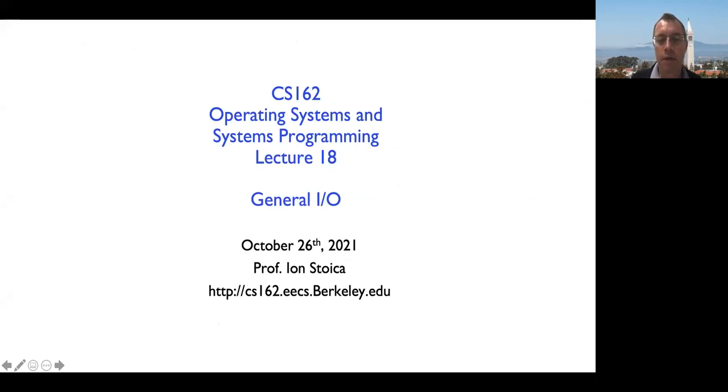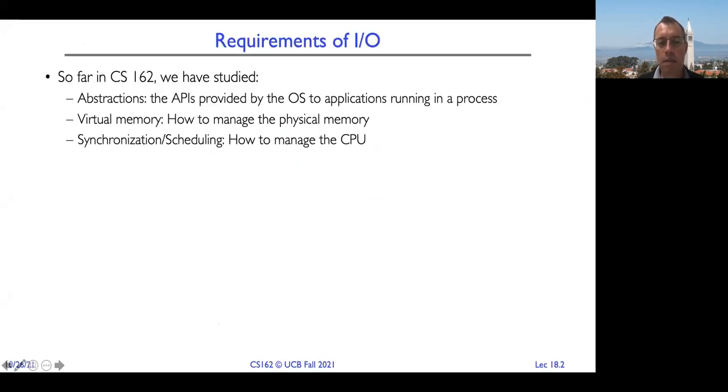So today we are going to talk about general input-output. And just to summarize, so far, we have studied abstractions, the API which is provided by the operating system to the application to run a process. We talk quite a bit about virtual memory, demand paging, how to manage the physical memory, and about virtualization.